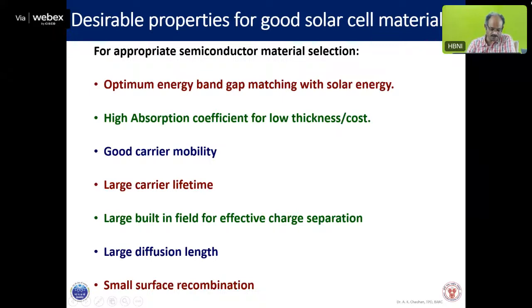Because of this break in continuity, several extra energy levels are created, and these energy levels are the source of surface recombination. So we should try to do something to avoid the surface recombination.